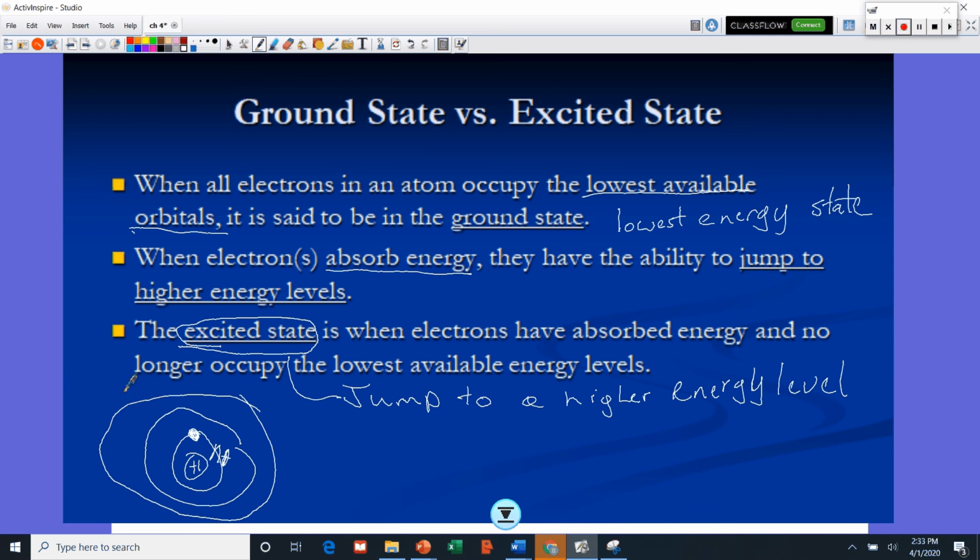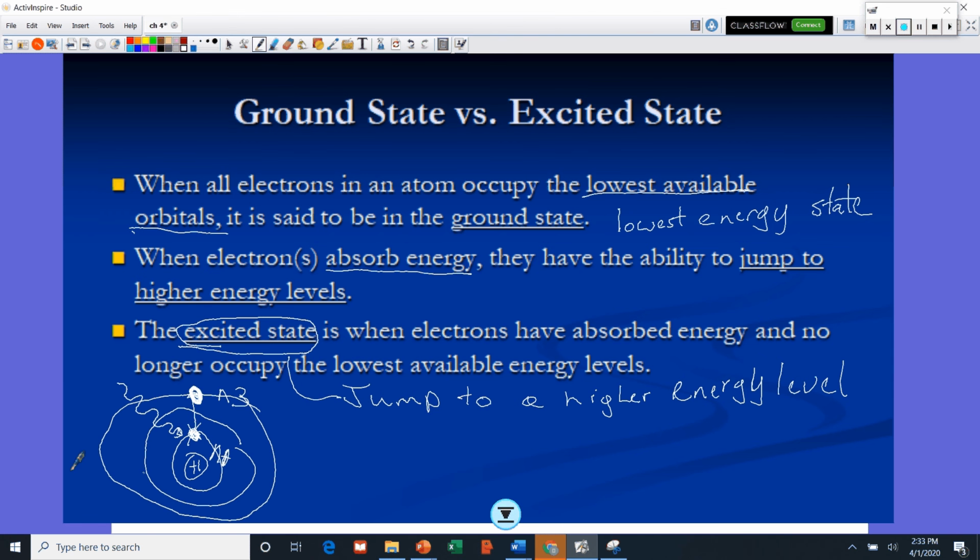So I feed in some energy, and I give that electron some energy. When I give that electron some energy, it jumps to a higher level. So now that electron has moved from N1 to N3, and it's gained that much energy.